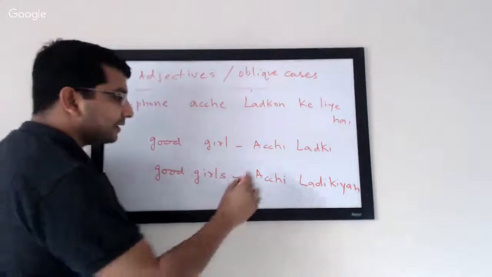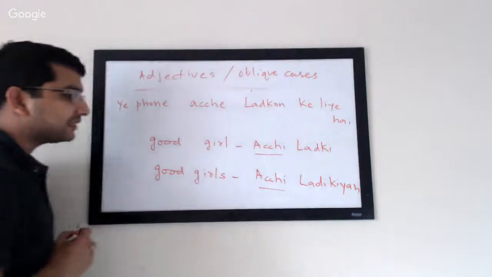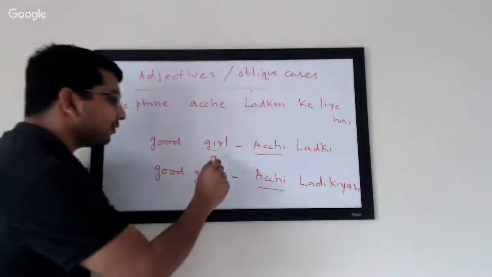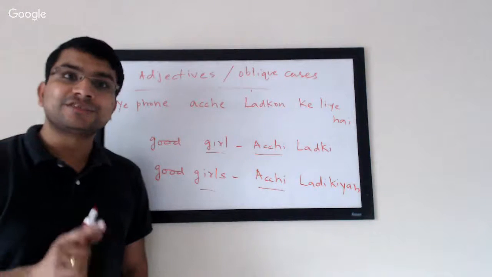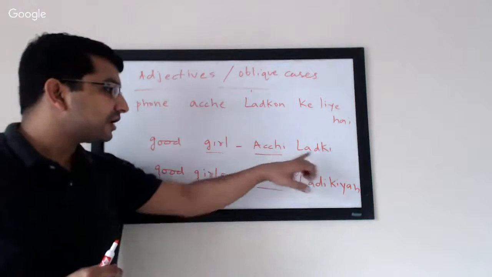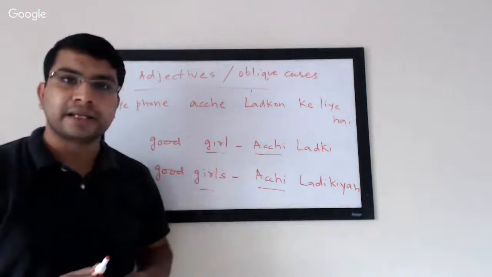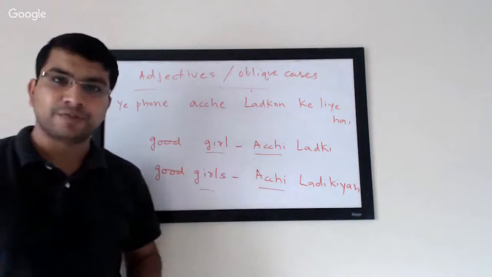Now you see, your adjective doesn't change, even though your noun is changing from singular to plural. This is for the case of feminine, but in the case of masculine, अच्छा लड़का and अच्छे लड़के. But in the case of girl or feminine, it doesn't change. So far, so good, right?